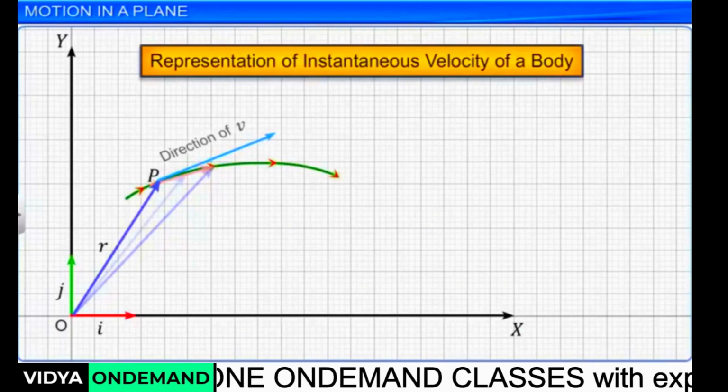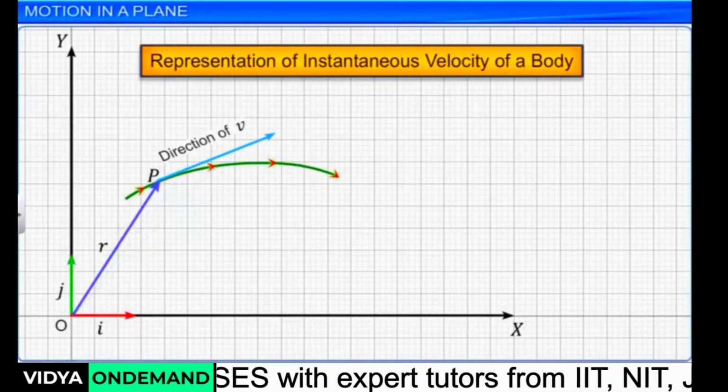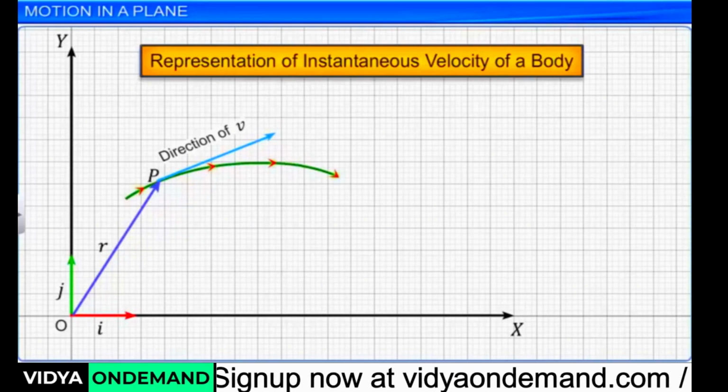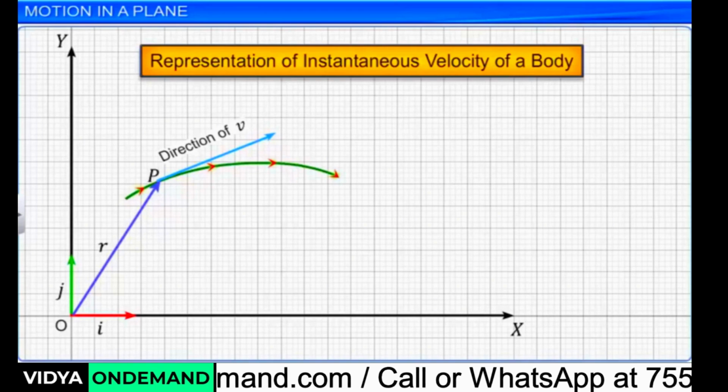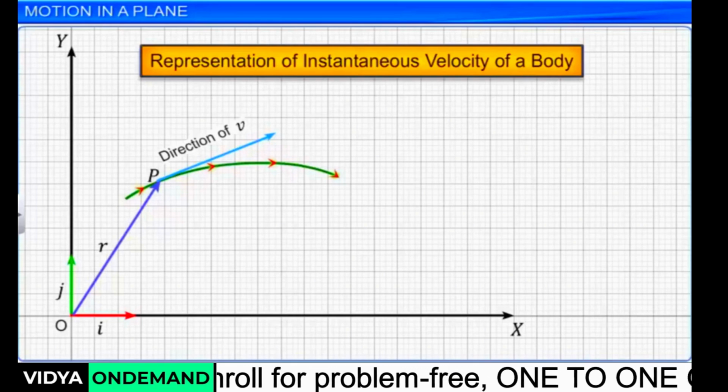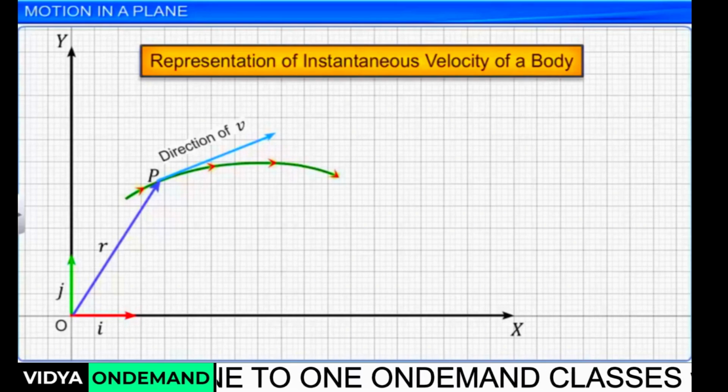The direction of velocity at any point on the path is tangential to the path at that point and in the same direction as that of motion. We can write the velocity vector v in the component form as shown here.